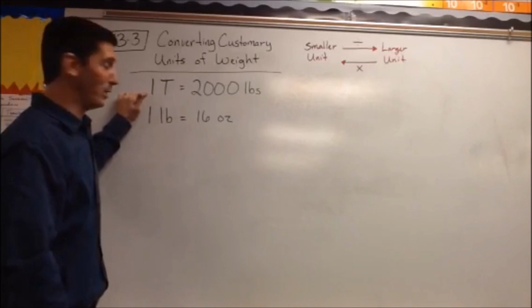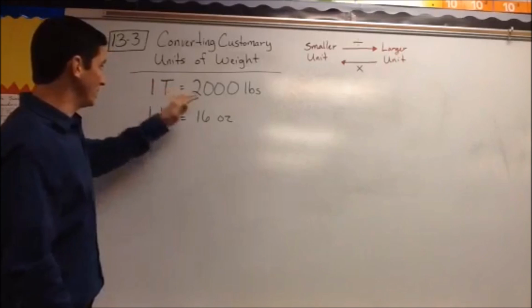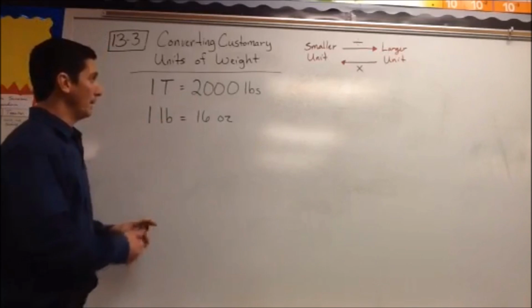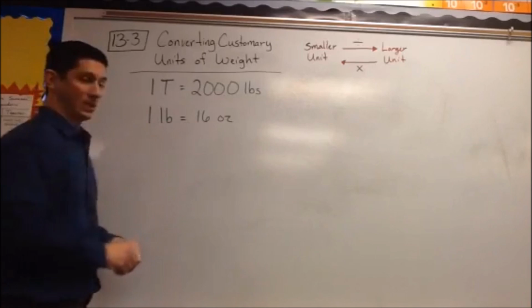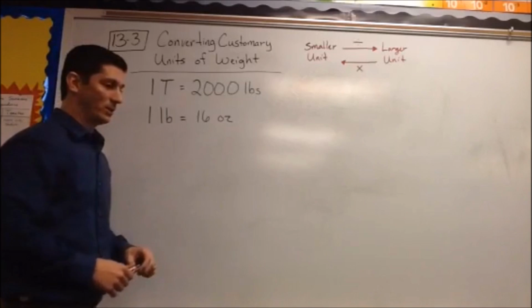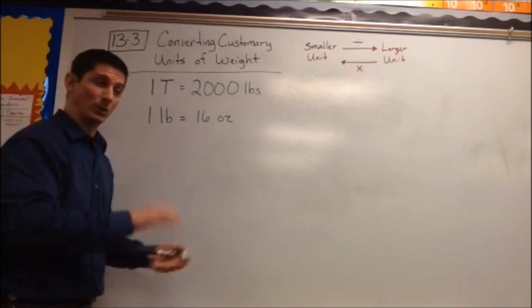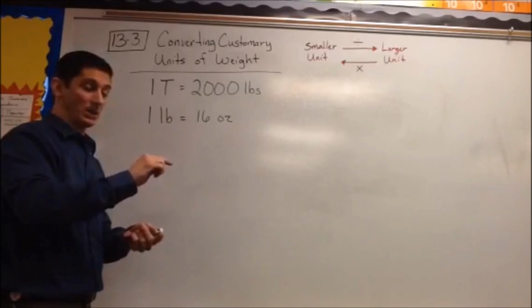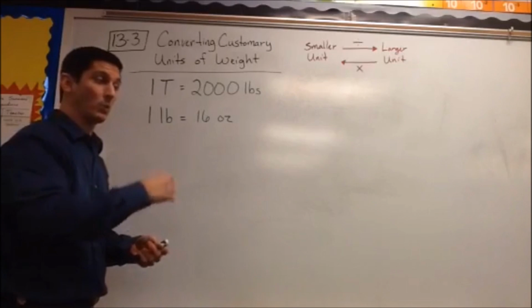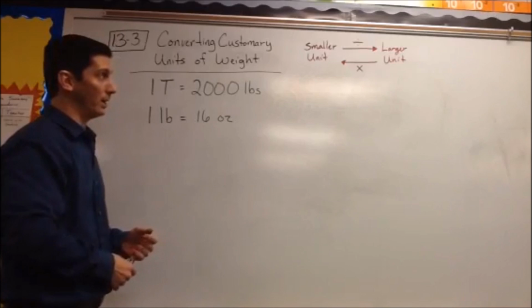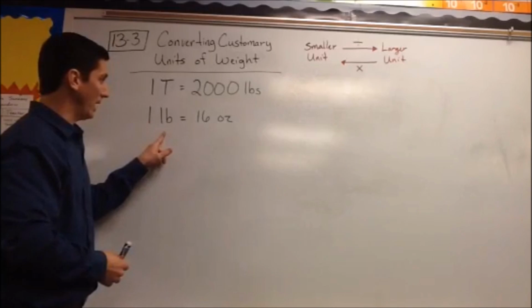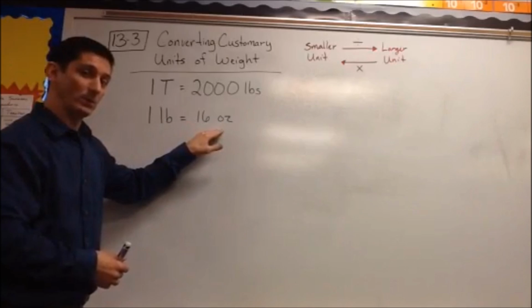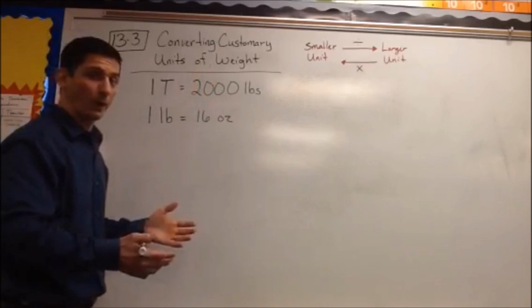So a ton is 2,000 pounds. 1 pound is actually 16 ounces. 16 ounces is not like the ounces you learned in capacity, because that is liquid form. Fluid ounces is what we worked with yesterday. Now we're looking at weight ounces, which is a unit of weight.